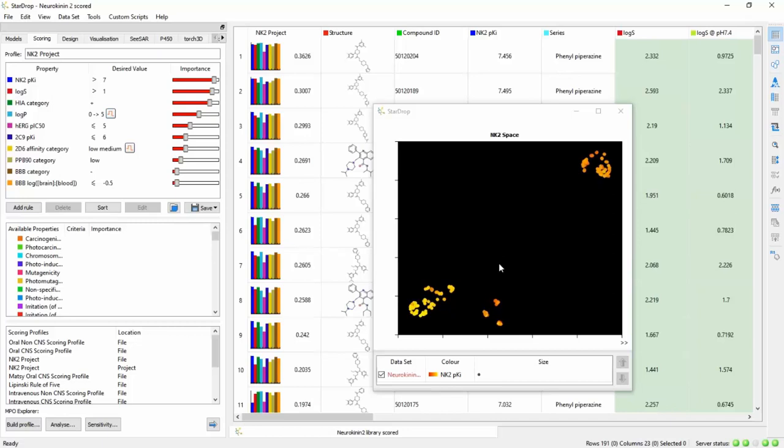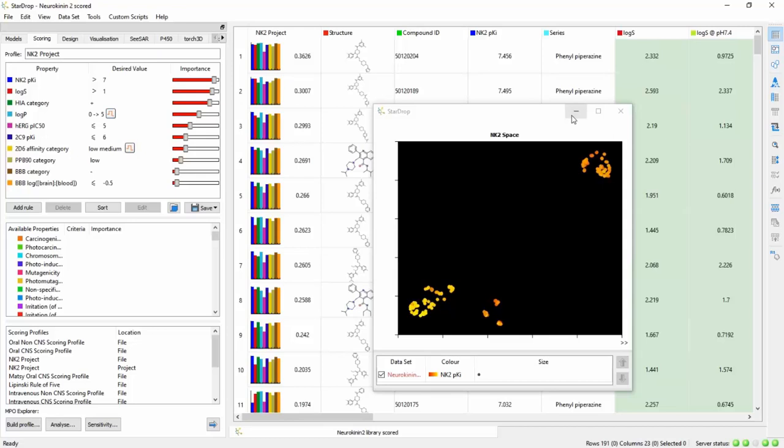The chemical space that we've seen so far relates particularly to structural similarity, but one can also perform, for example, principal component analysis or other clustering approaches based on chemical properties, calculated properties or experimental data as well. And there are other ways that you can easily compare between different series within StarDrop as well.